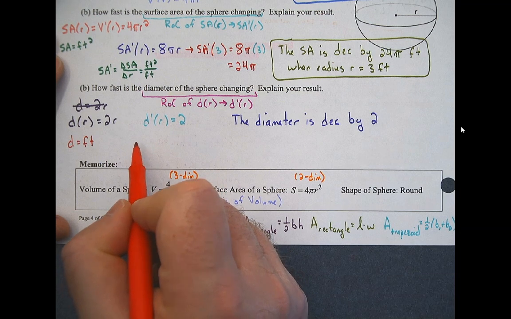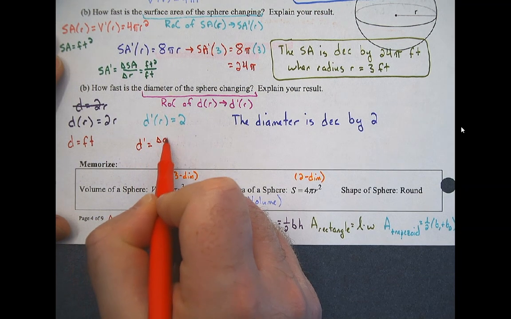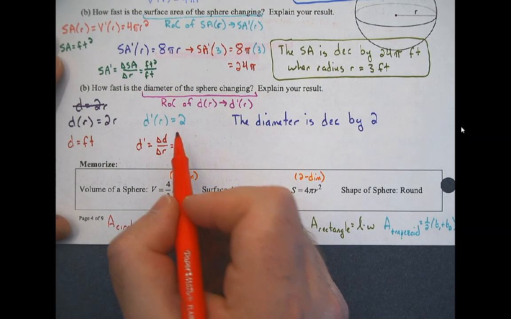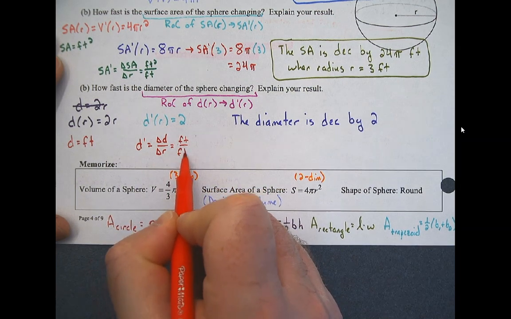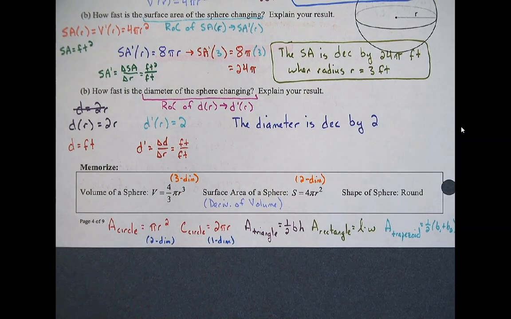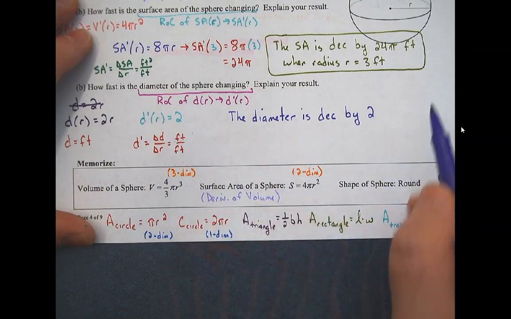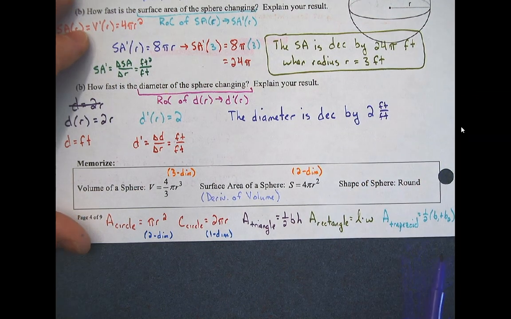So diameter prime would equal change in diameter over change in radius. This is interesting. Change in diameter is feet, change in radius is feet. I wonder if you could get away without writing the units. I'm so fearful of not writing the units that I'm going to write the units as feet over feet. 2 feet per feet.